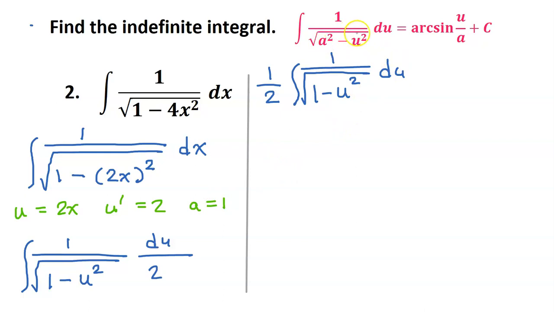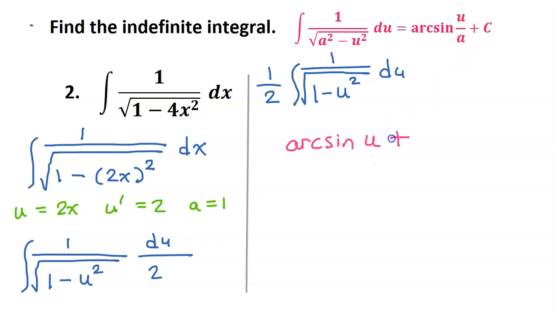So let's go ahead and use the rule to integrate. So I will have arcsine u over a. So I shall write arcsine u. Normally I would write u over a, but I just said a is 1. So there you go.